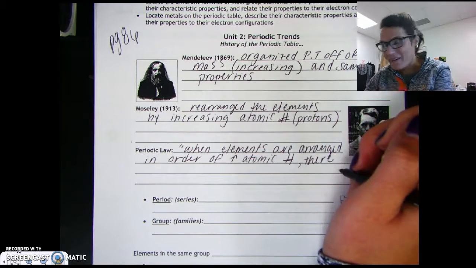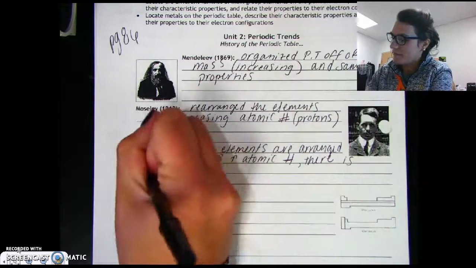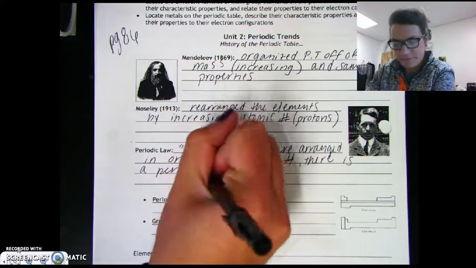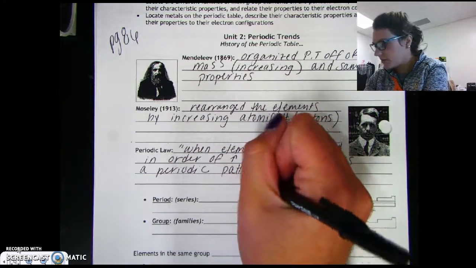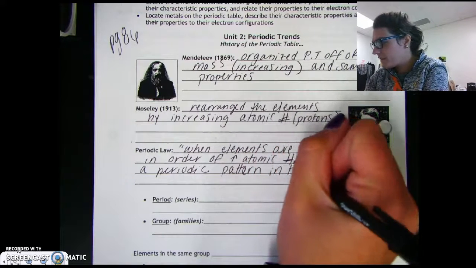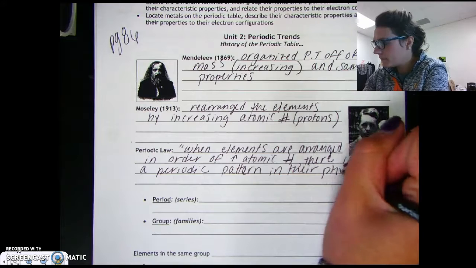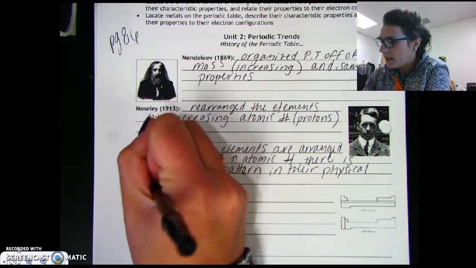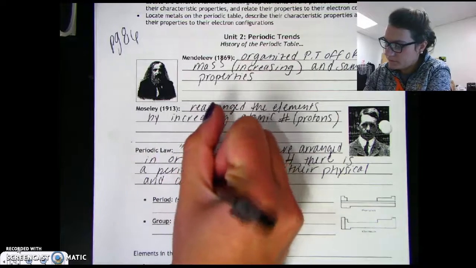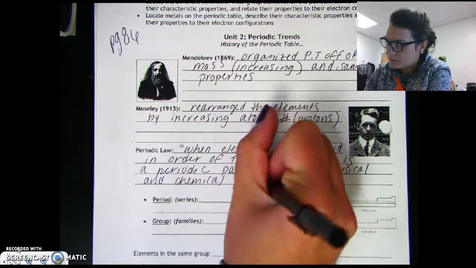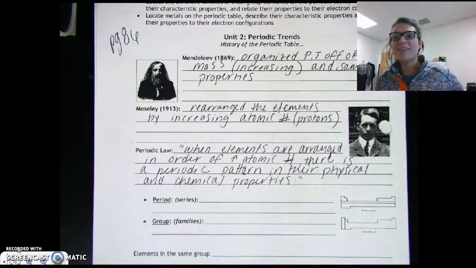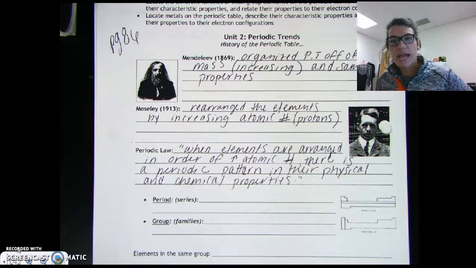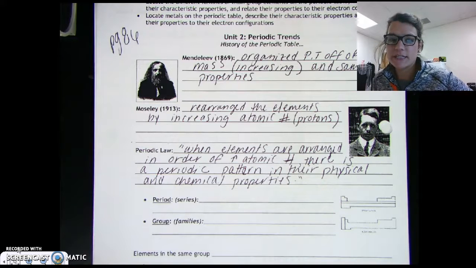That's where the periodic comes from. A periodic pattern or trend, make sure I spell pattern right, in their physical and chemical properties. Okay, and this is why we call it the periodic table of elements, because of the pattern that develops when the atoms are in order based off of their increasing atomic number.